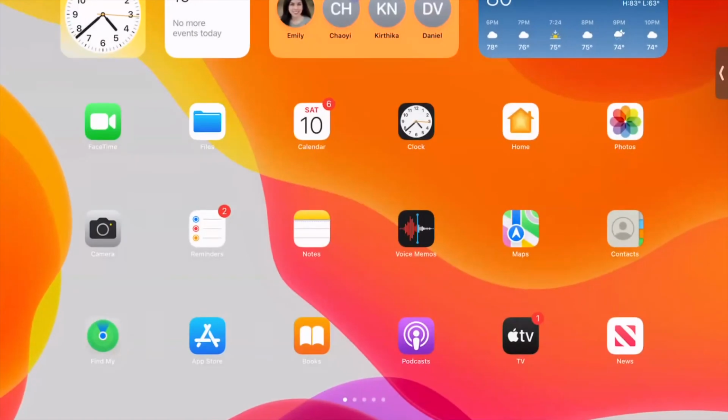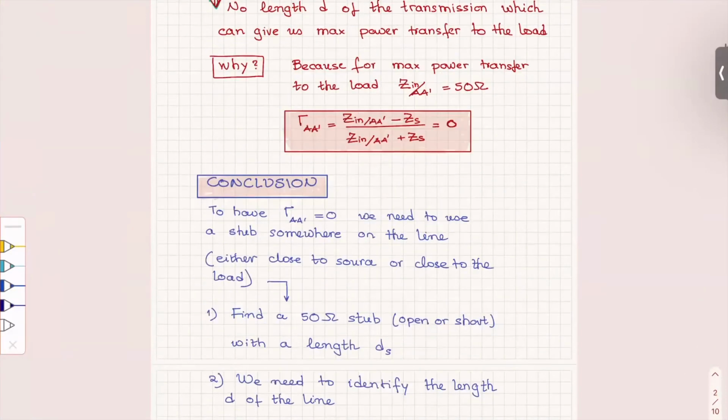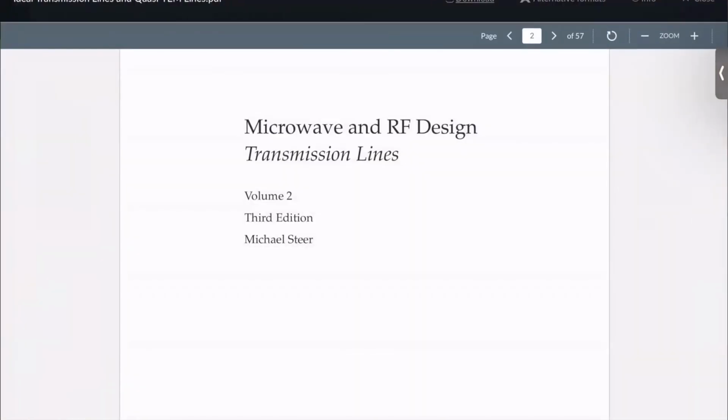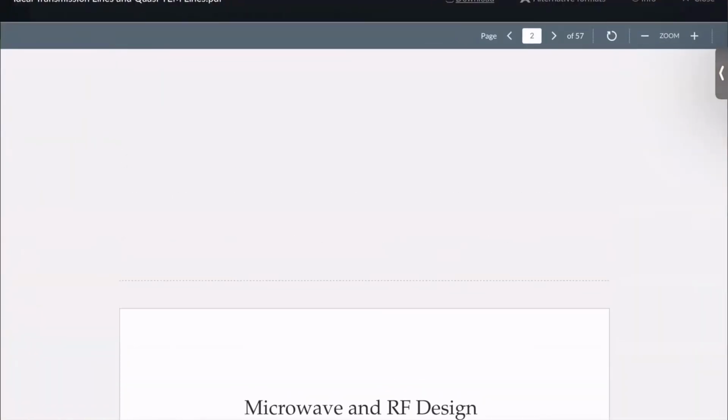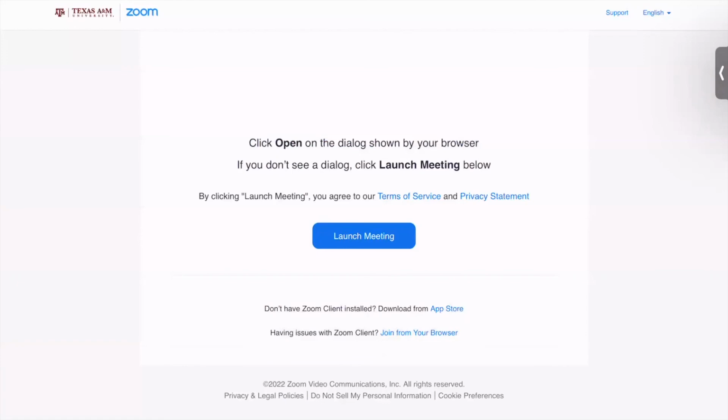The way I solved it, it turned out that for one transmission line section it's 70 ohms. So I have a Z naught 1 and a Z naught 2 because I have a stub.